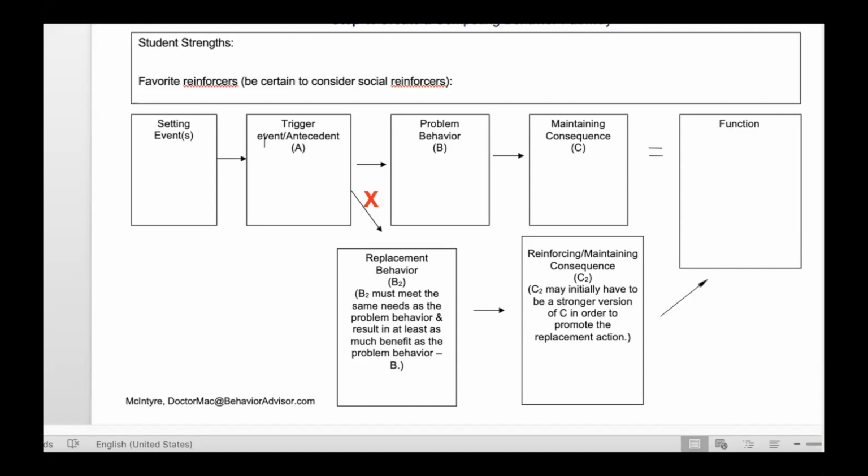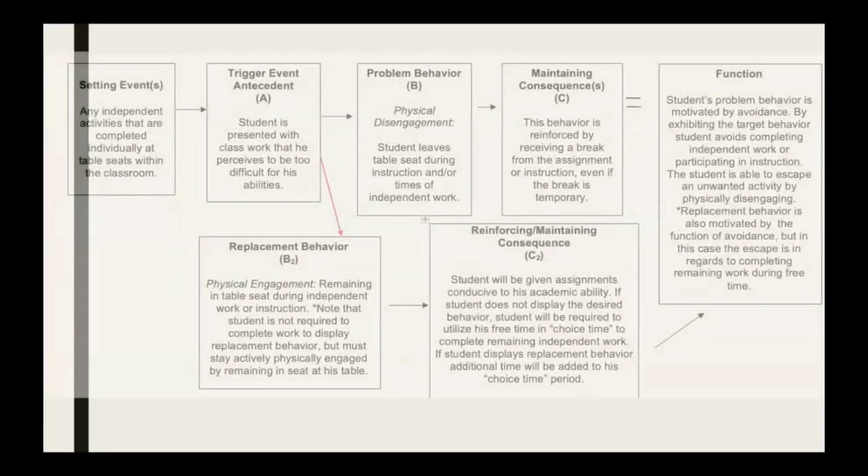If the student doesn't get the same amount of payoff, or probably more payoff for the new behavior, why would I switch it out if the payoff is less? So 2 things to consider: same function and at least as much of the reinforcement.